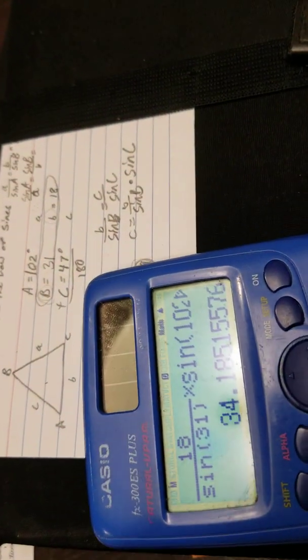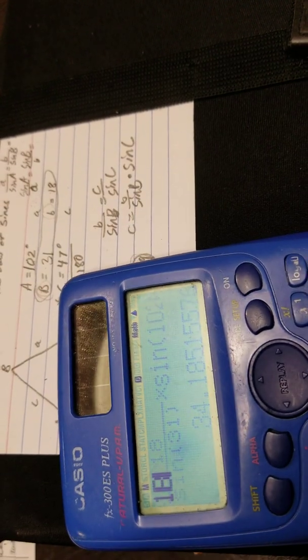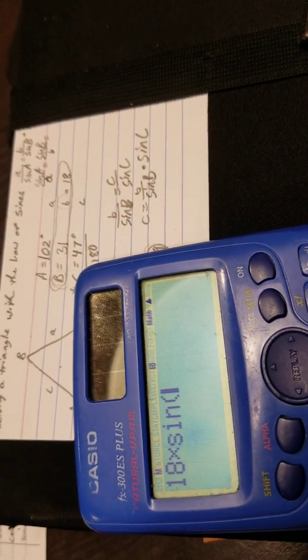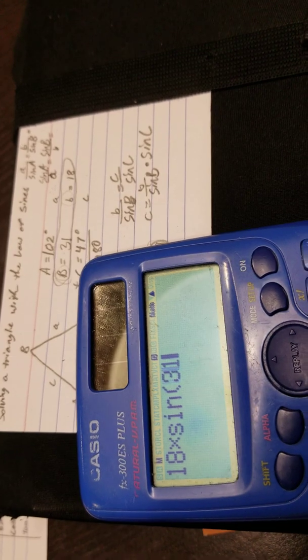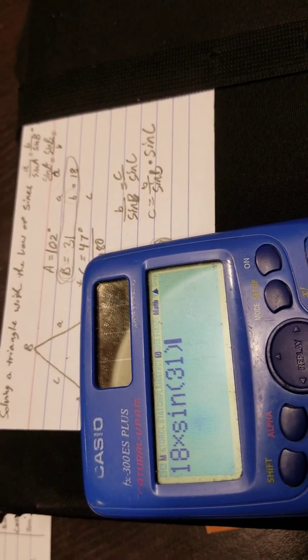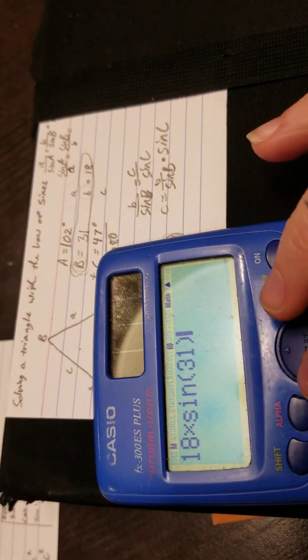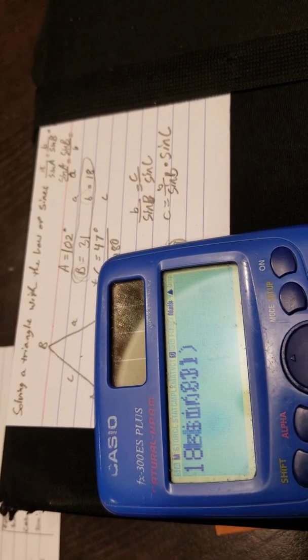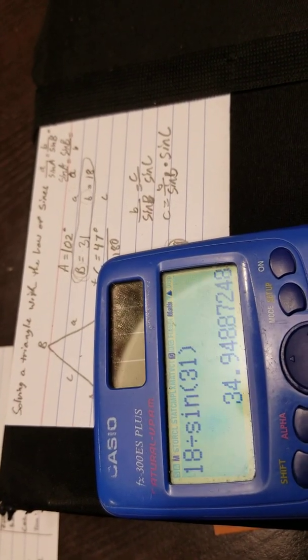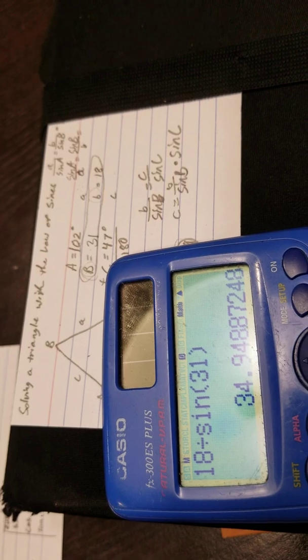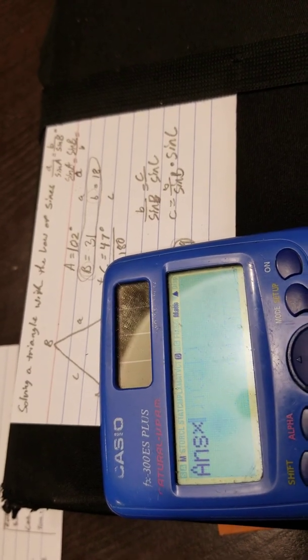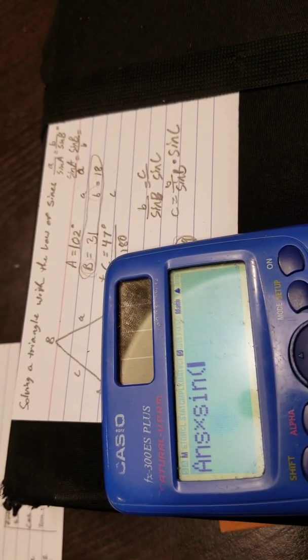So 18 divided by sine 31, times sine 47.